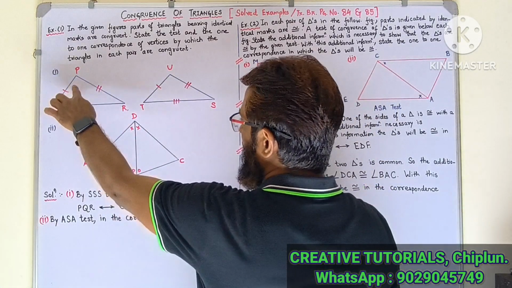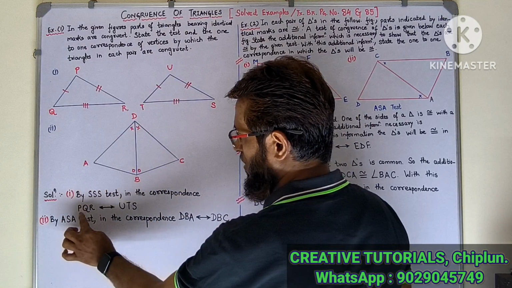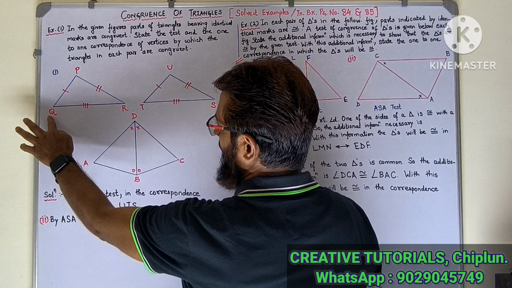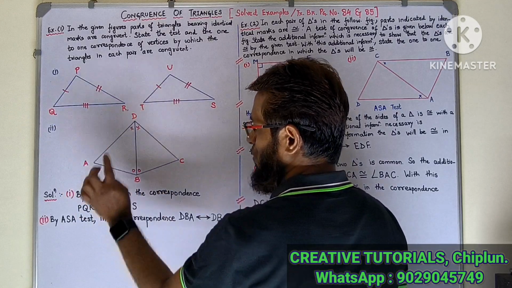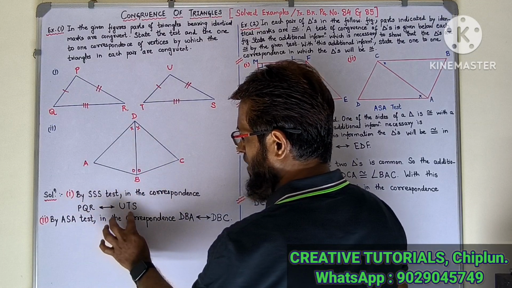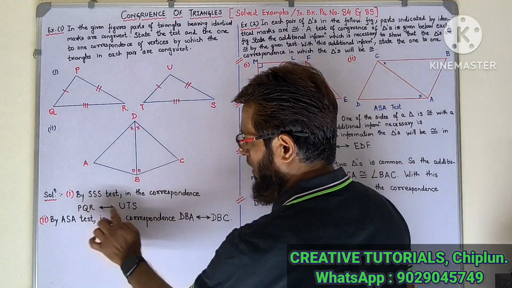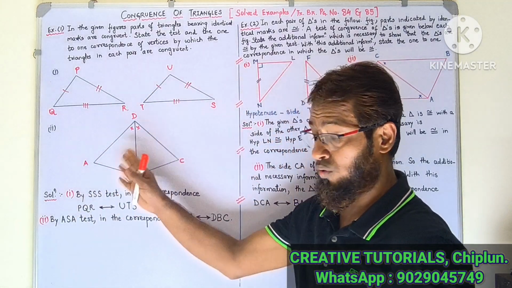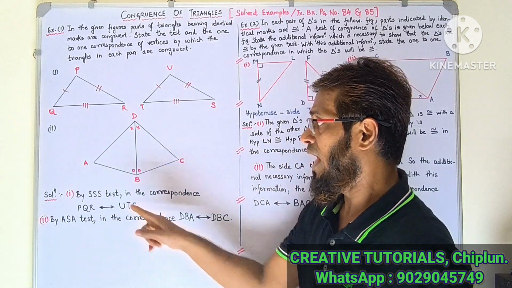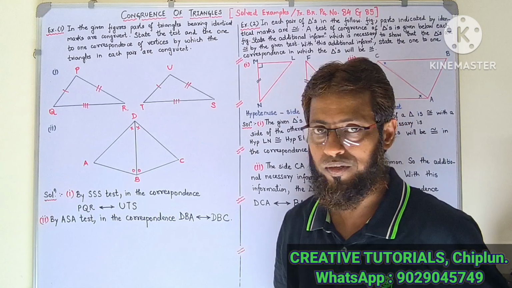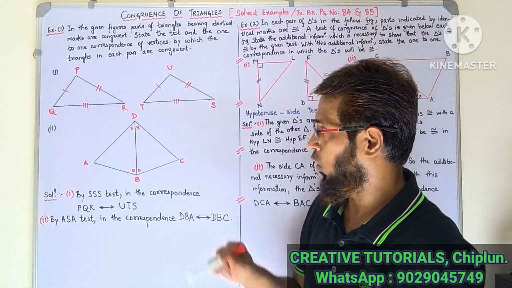So P and U: first is P, here first is U. Second is Q and T: Q is in the second position, T is in the second position. Third one is R, and here is S. So R and S. With this one-to-one correspondence and this test of congruence, these two triangles are congruent. Dear children, I hope it's very clear.